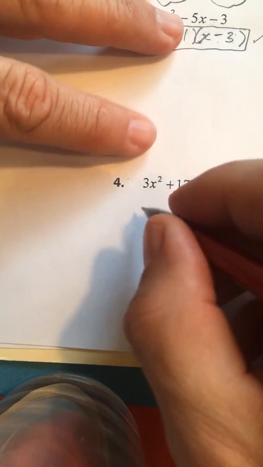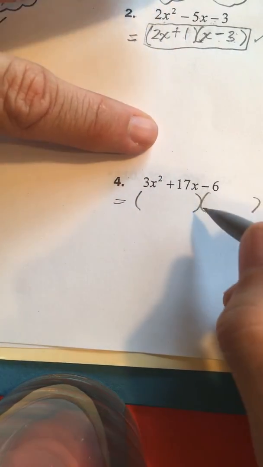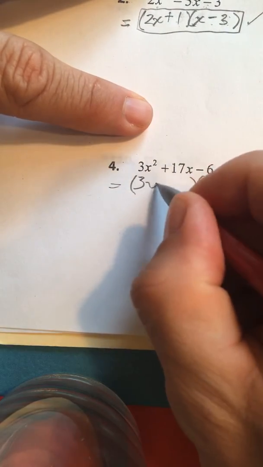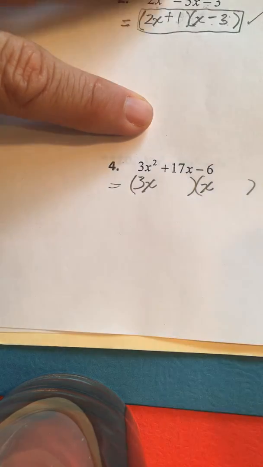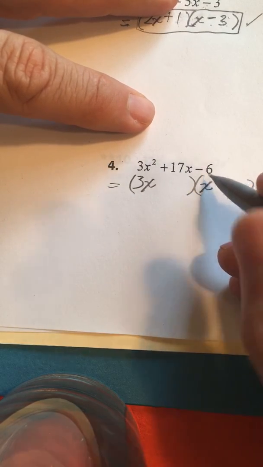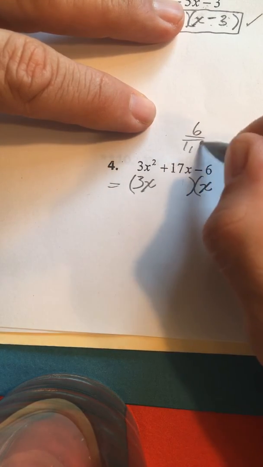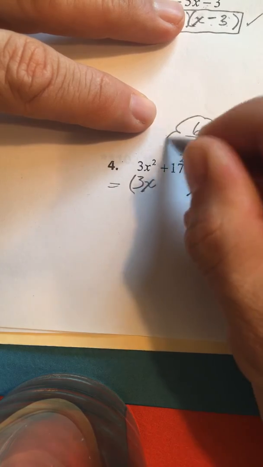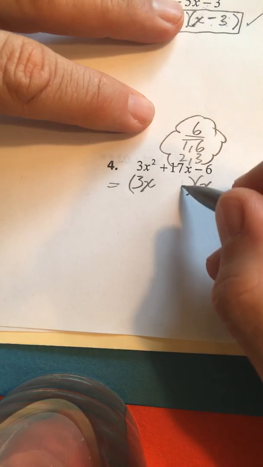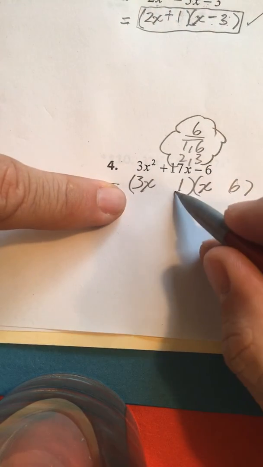Okay, so moving along, just so you guys can get a feel, I don't always write down all the possibilities like we did in the ones before. As we start getting the hang of this, we can make this 3x and x. And now I'm looking for factors of 6, which could be a 1 and a 6. Let's write those down. A 1 and a 6 or a 2 and a 3. Those are the ones I'm going to try. So if I try a 1 and a 6 here, I get an 18 and a 1.